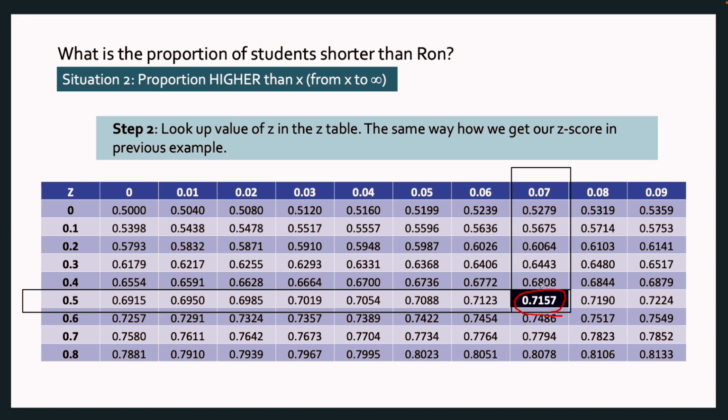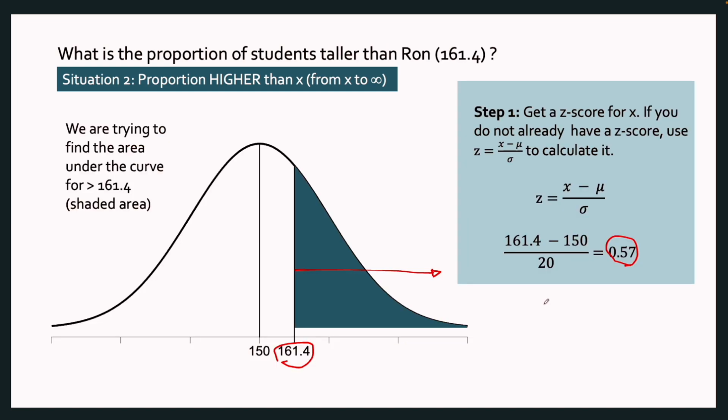If you don't get the same, something is wrong with your calculation somewhere, so you need to check it back. But in this case, our point of interest, our x, is still maintained. We are still looking at Ron's, 161.4, so this remains unchanged.